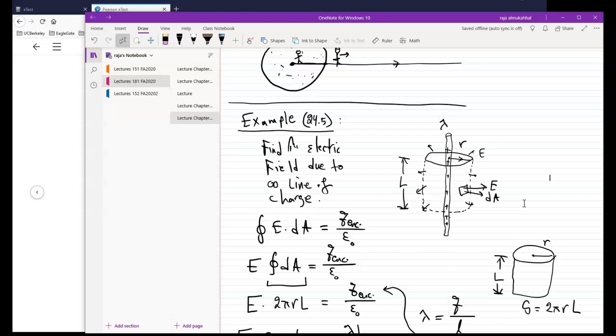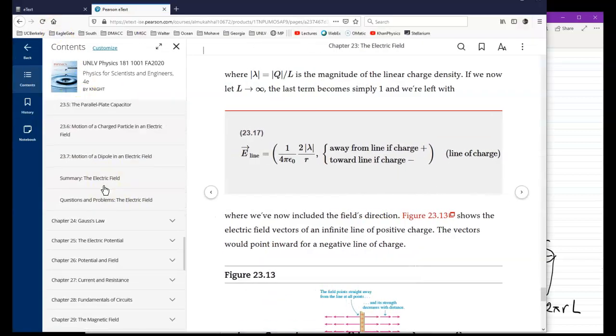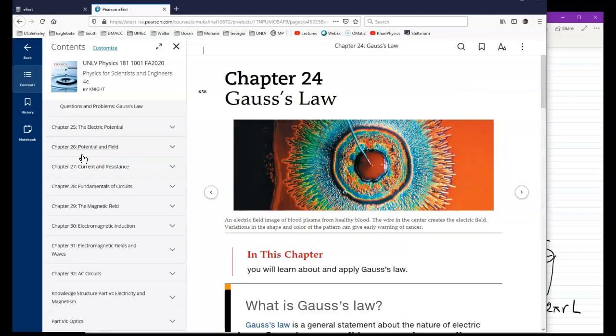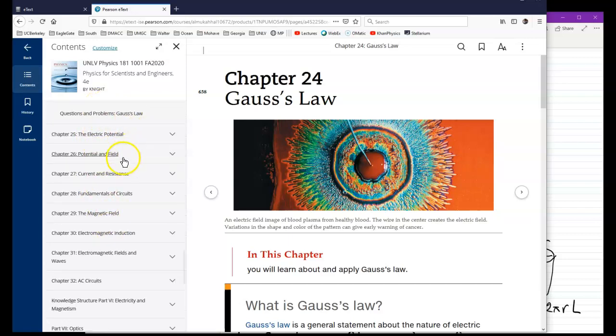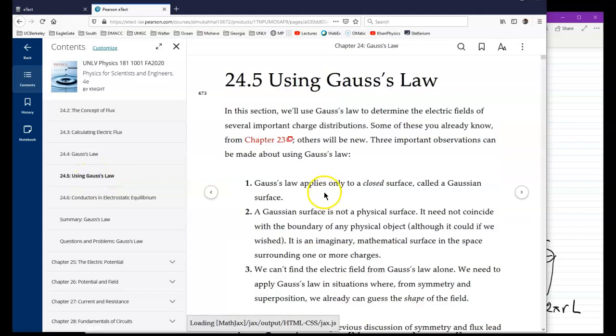Okay. The last example I want to do, and that is the electric field due to a plane of charge. Again, this is also done in your book. Example, I'm looking at my book here, 24.6. Let me go back to chapter 24, section 5, and then examples.